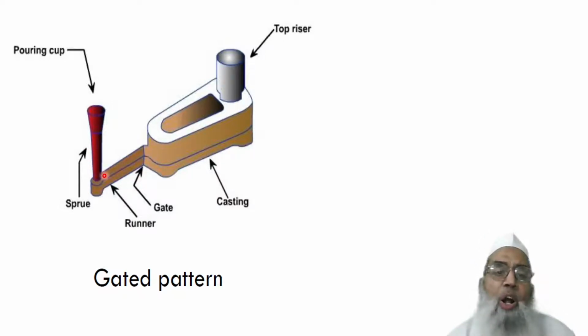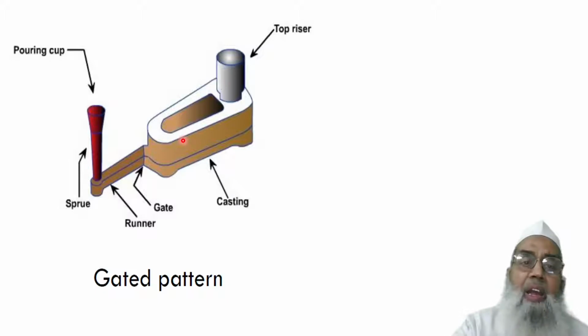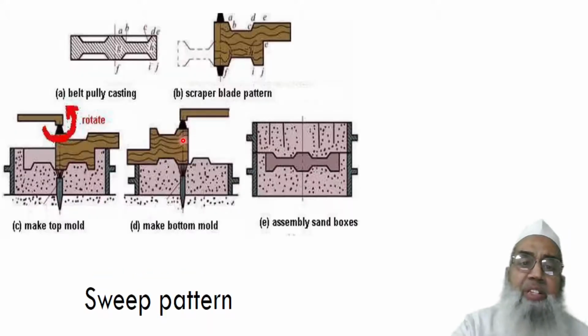Therefore, having all these accessory elements with the pattern is known as a gated pattern, because it has the gating system with it, and it simplifies and makes the molding process easy.